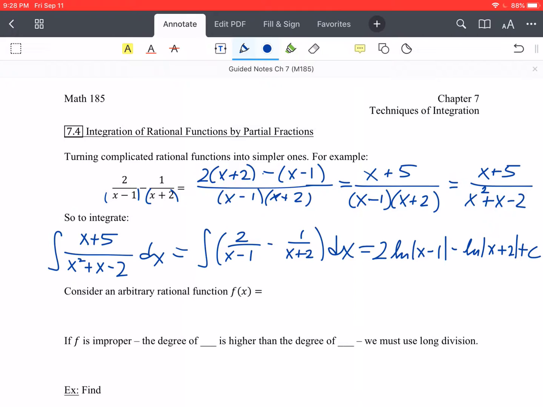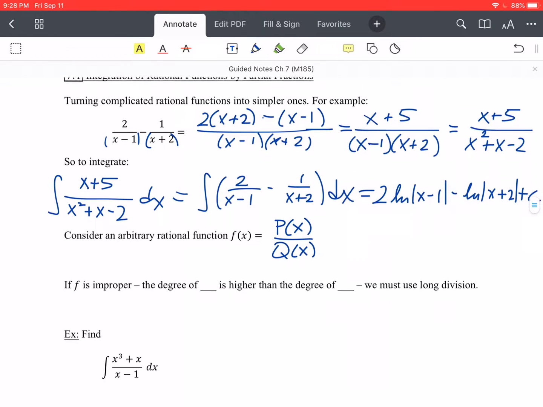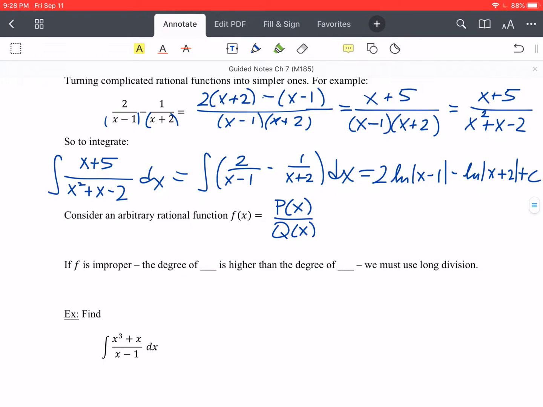Okay, so consider an arbitrary rational function f of x equals p of x over q of x. If f is improper, that is to say the degree of p is higher than the degree of q, so an improper fraction, the numerator is bigger than the denominator, we must use long division.